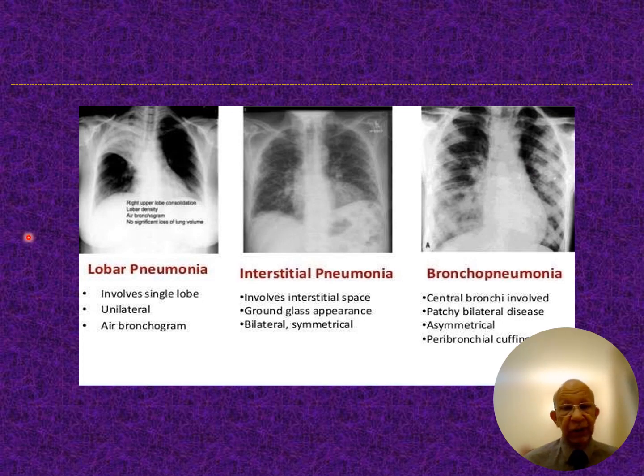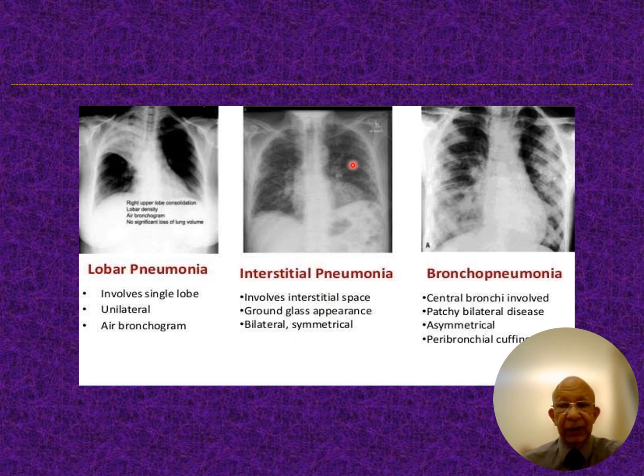Now, the three varieties of pneumonia. The lobar pneumonia, you can see the consolidation here of the right upper lobe, right? The fissure has gone up a bit, so maybe there is a bit of lung volume loss here, right? And the typical thing is you see the air bronchogram. That's lobar pneumonia. Then you have the interstitial pneumonia, and the classic one, which we have seen so many times over the last few years, was the atypical pneumonias, classic of causing interstitial changes, like, for example, COVID pneumonia, right?